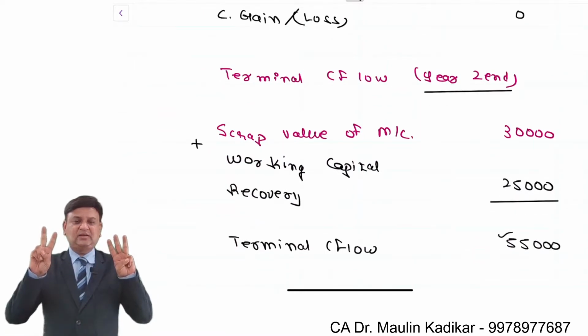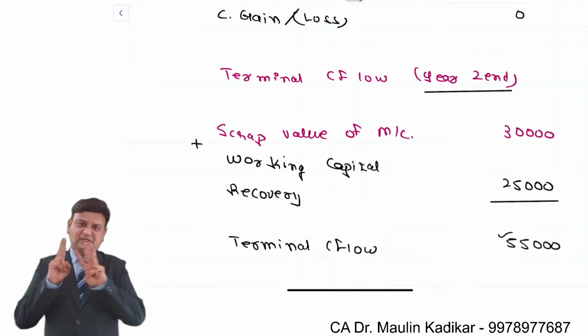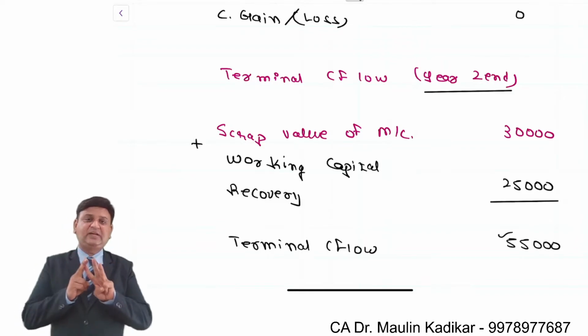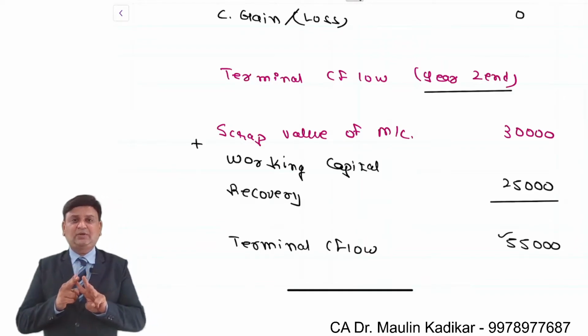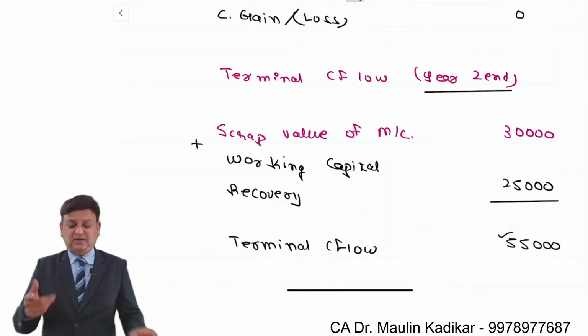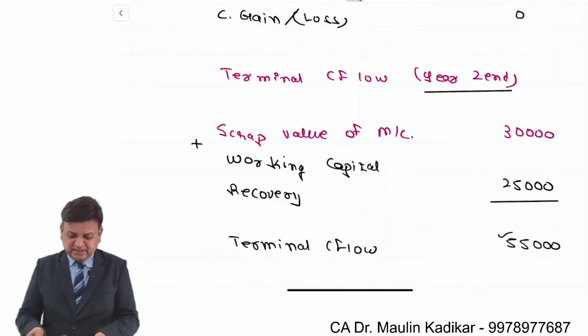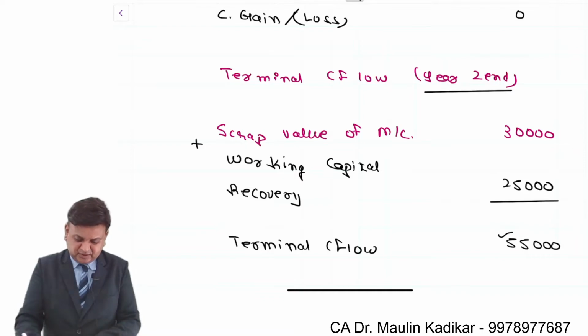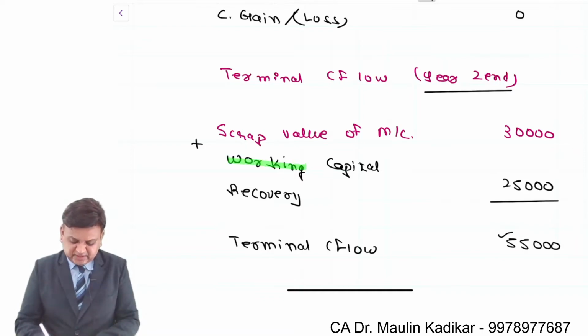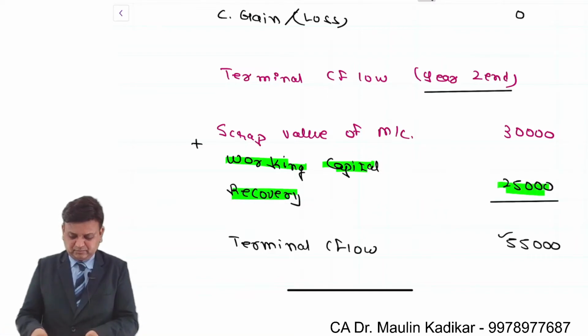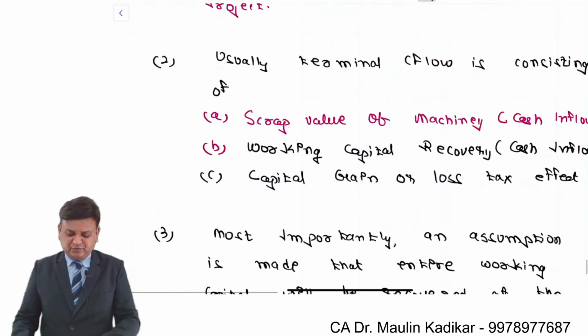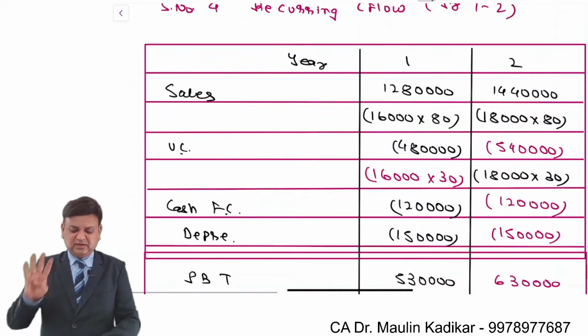Then second, terminal cash inflow, that is the scrap value of the machinery, and importantly the working capital recovery. In my opinion this is important, and students like me may commit mistakes over here, so just be careful. Step number 4 onwards, I don't think it is very difficult.